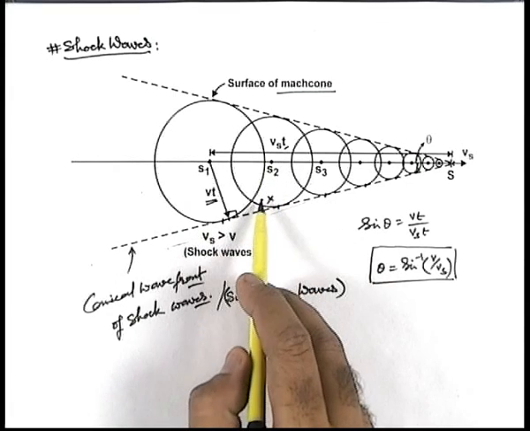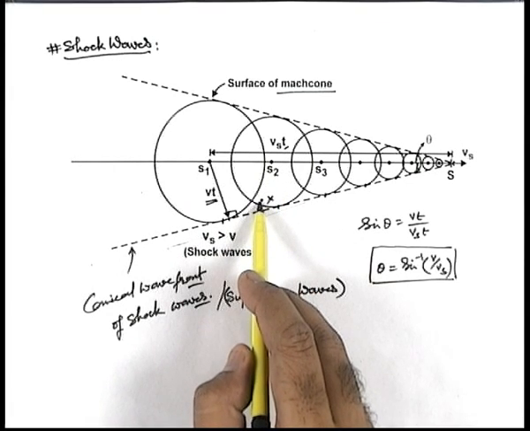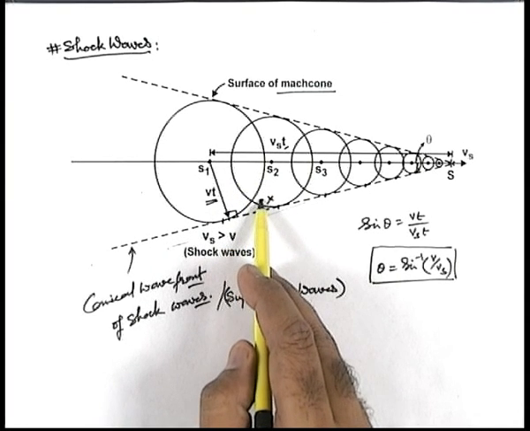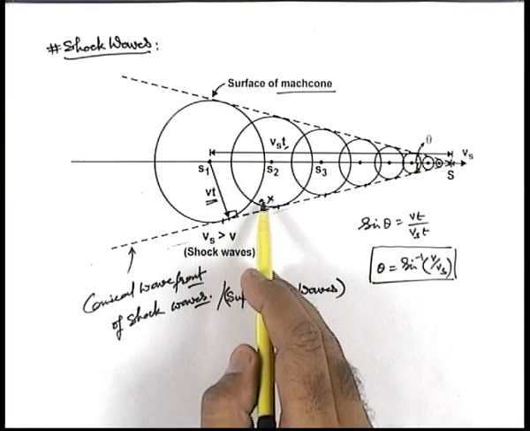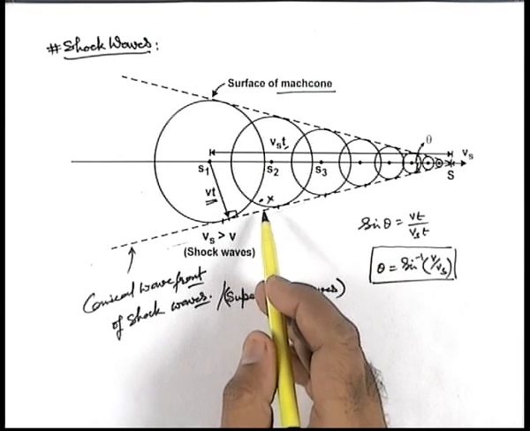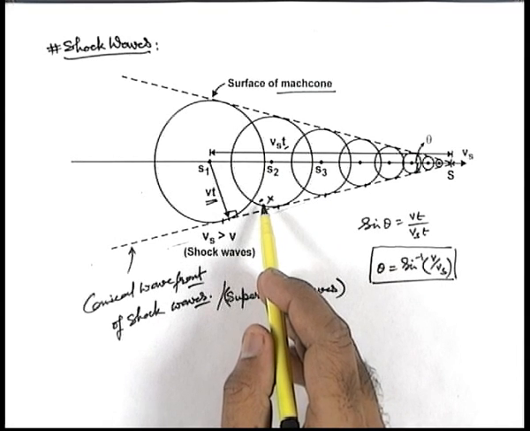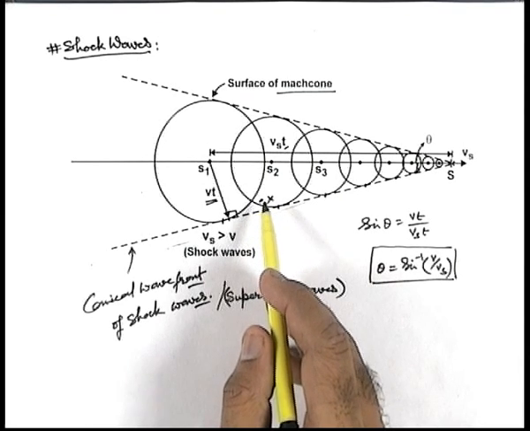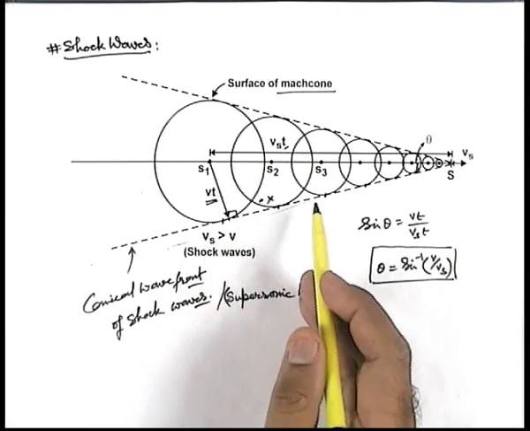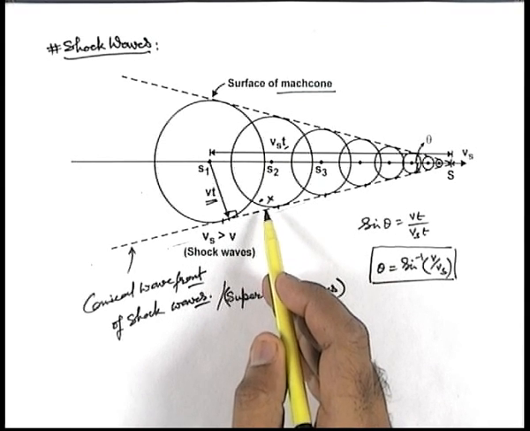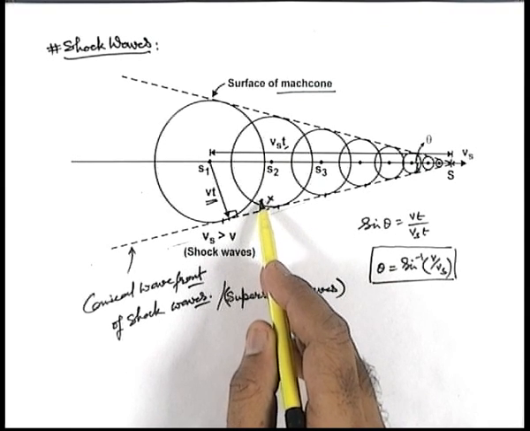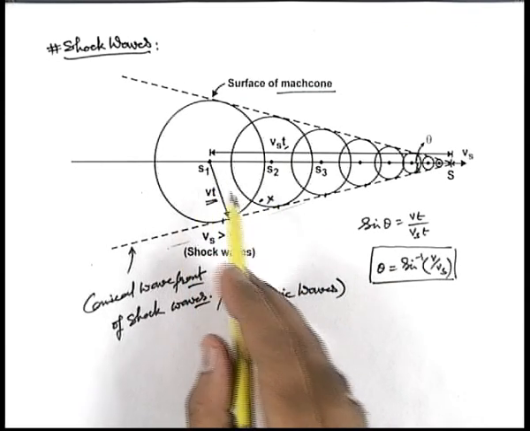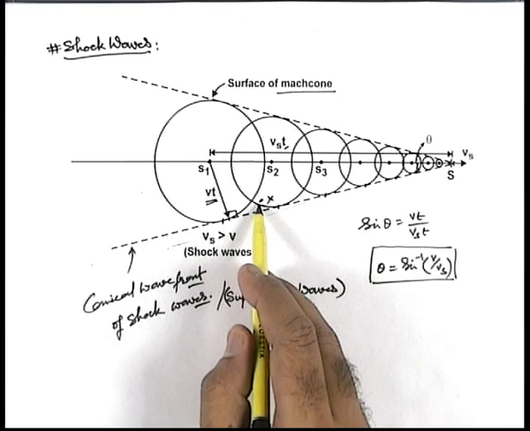When waves arrive in same phase at a position on the surface of this cone, we can say the oscillation amplitude of x will be excessively high, because we already discussed when n waves superpose at a point in same phase, the amplitude of resulting oscillation becomes Na. So in this situation, we can say the intensity will be n square times the intensity produced by the source from one location at this point.